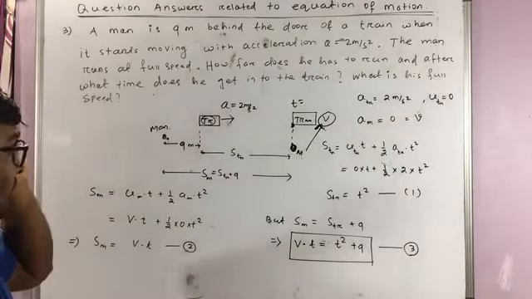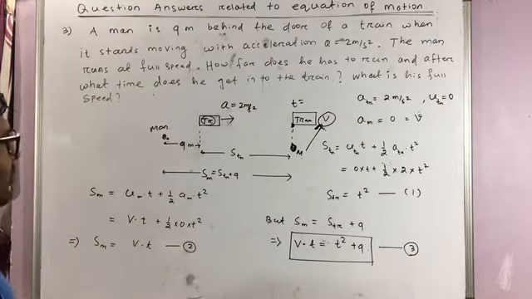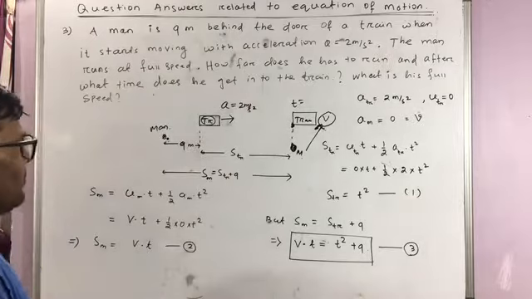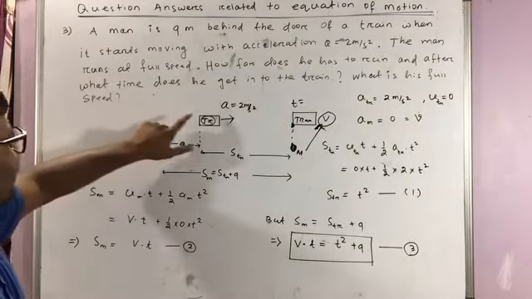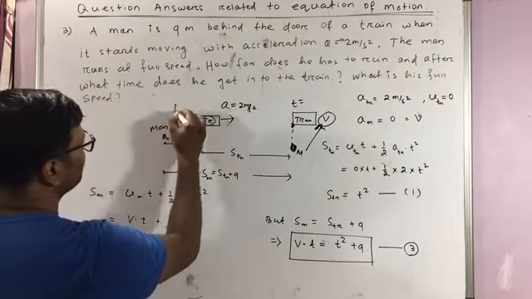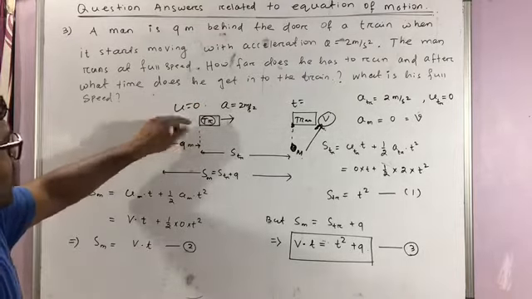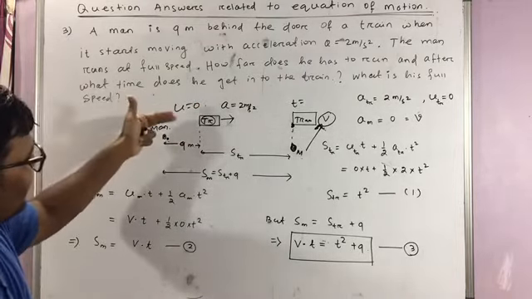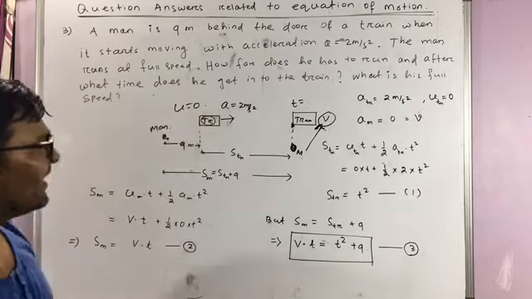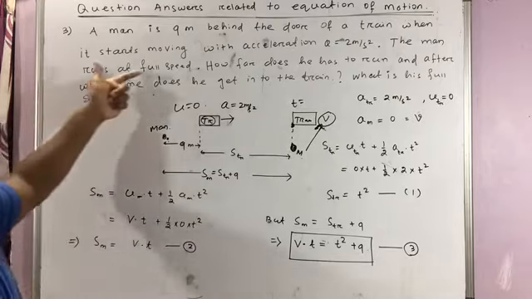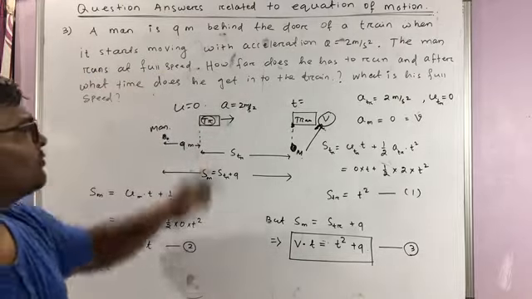Got? So what is the data given to us? The train is moving with an acceleration and it starts from u equal to 0. So the initial speed of the train is 0, and once it started, it started with an acceleration. But what is the man doing? The man is running at his full speed.